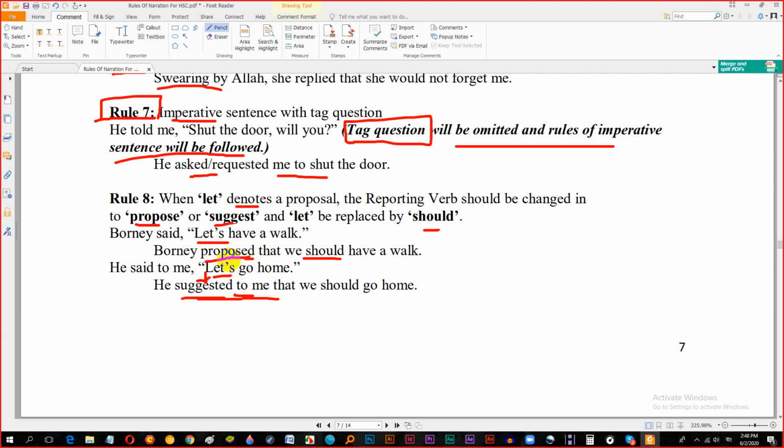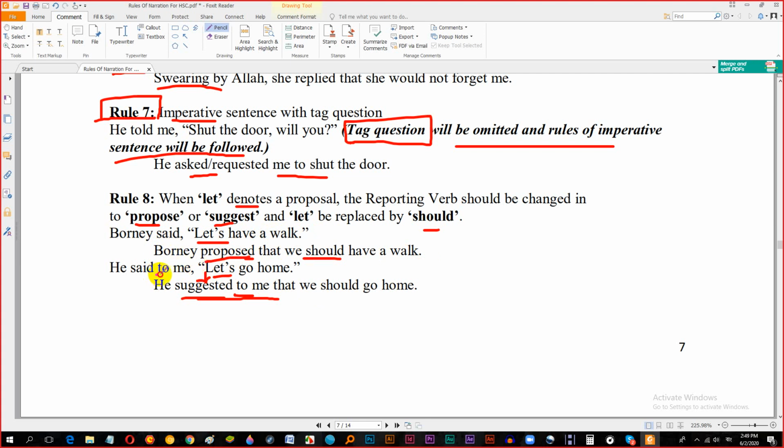So you could also write Borny proposed that we should have a walk, or it could be Borny said let us have a walk. I'm sorry, I'm making a mistake here.